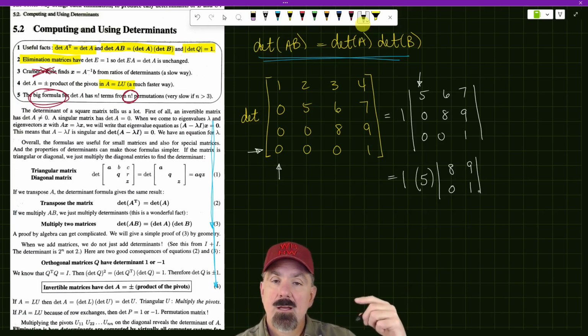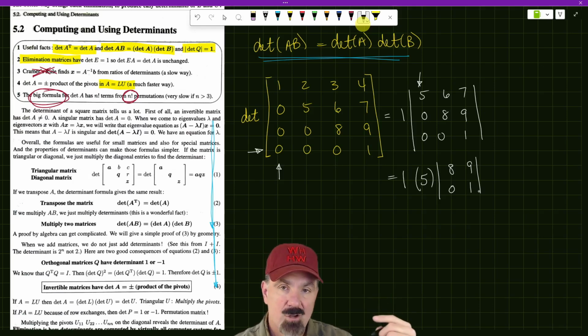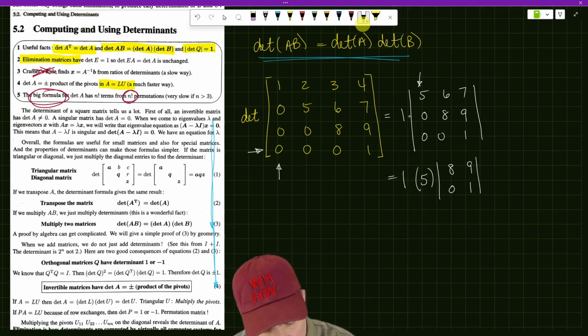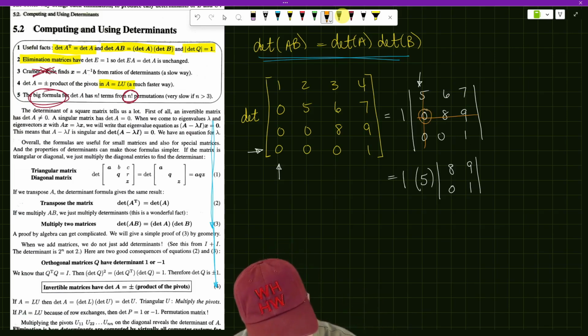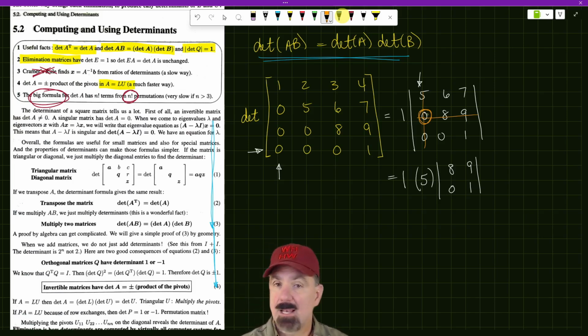So even though the cofactors are not 0, the determinant of what I have left over after I remove, for example, the first column and the second row, that cofactor is not equal to 0, but I'm multiplying the cofactor times the 0 that's in that spot. So that's not going to contribute.